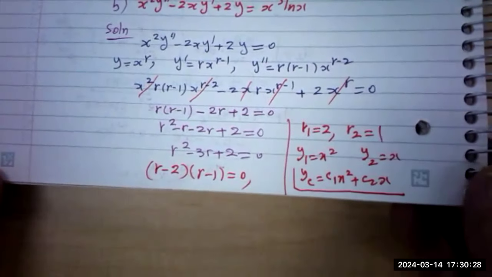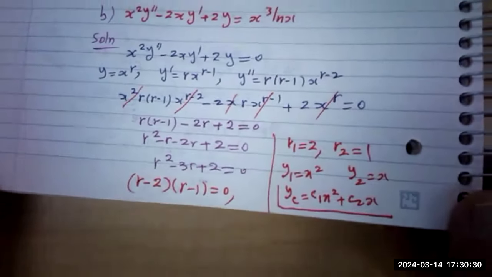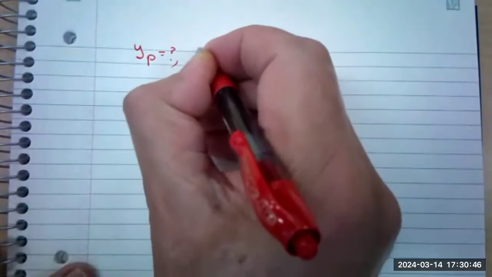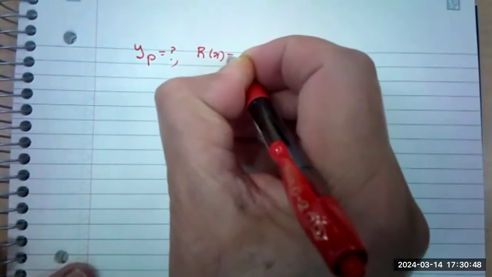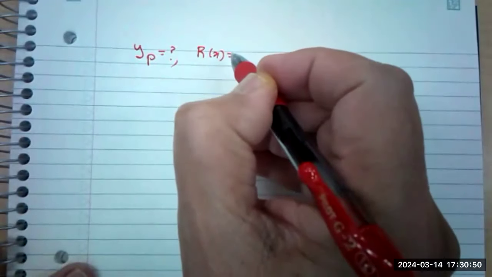So I'm going to go to the next page. Are you done? The next step is that you want to find the yp. So you have to identify r of x, but remember, you divide by the coefficient of x squared.